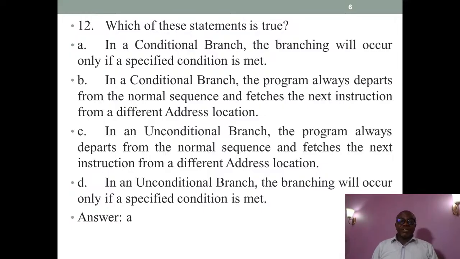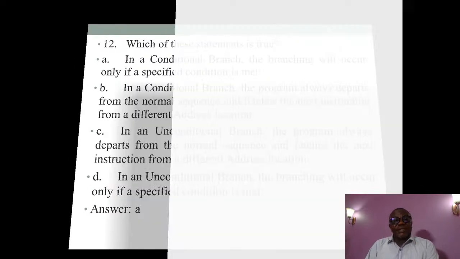And of course, C says the unconditional branch, the program departs from the normal and fetches the next instruction from, and D, an unconditional branch, the branching will occur only if a certain condition is met. No, because it is unconditional. There is no condition stated.